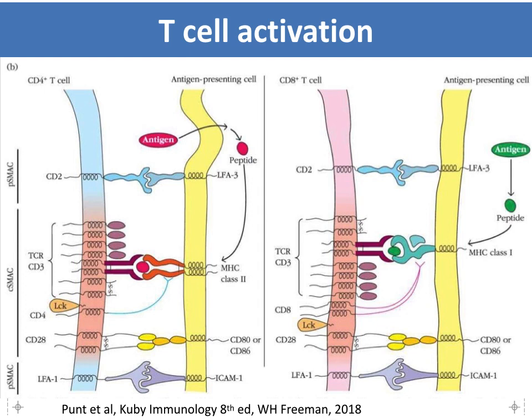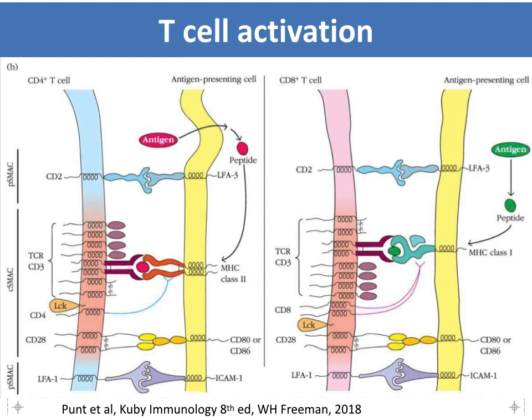So this makes the interaction between the peptide MHC complex and the T cell receptor more secure, and you need the co-stimulatory signal for initial T cell activation. If you don't have the co-stimulatory signal, the T cell may not be activated and goes into a state which we call anergy.